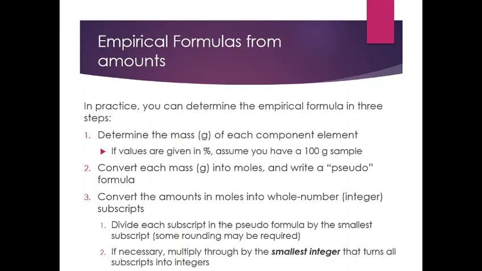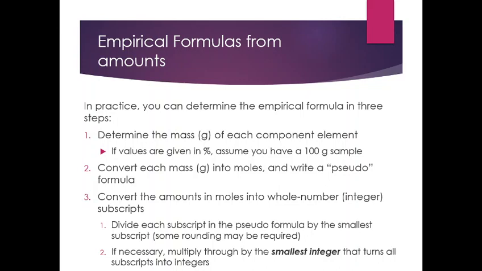A percent is always going to be the same percent for all of these chemical formulas. So if you are given everything in terms of percent, just assume you have a 100 gram sample. In that case, 90% of 100 grams is 90 grams. So it saves you a whole lot of headache. And as I mentioned, percents are not going to change regardless of the sample size. So if you're given percents, erase the percent sign, write a gram sign, and you're done with step one.